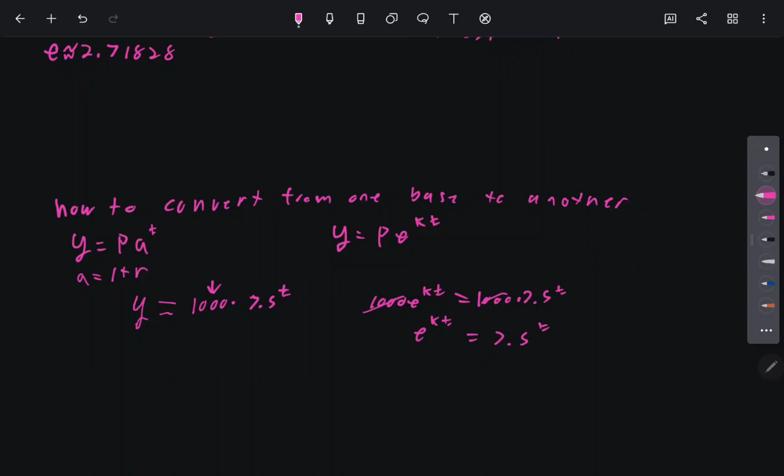Now we're going to use logarithms, which we'll talk about later, to bring these exponents out in front. So we'd get the natural log of e to the kt, which would look like kt, and the natural logarithm will actually cancel the e. So we would get the natural log of 7.5 t.